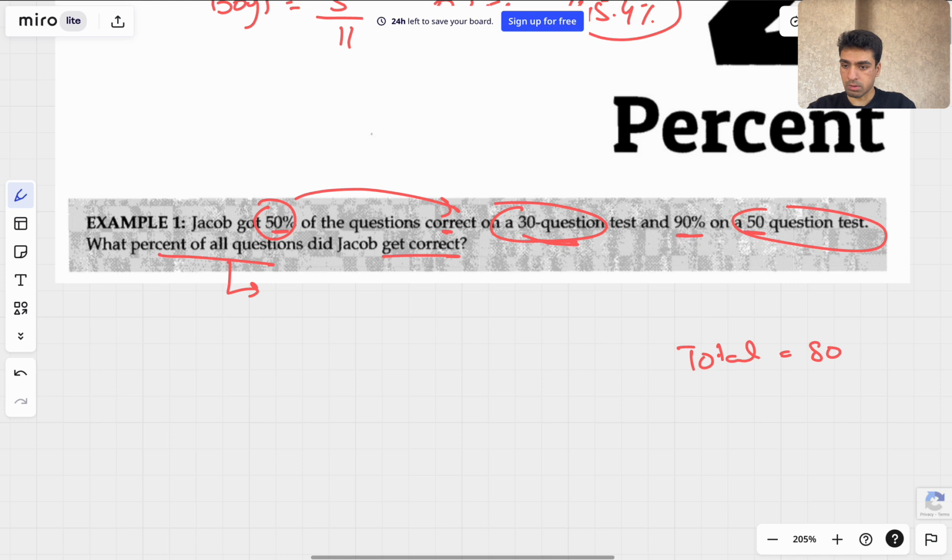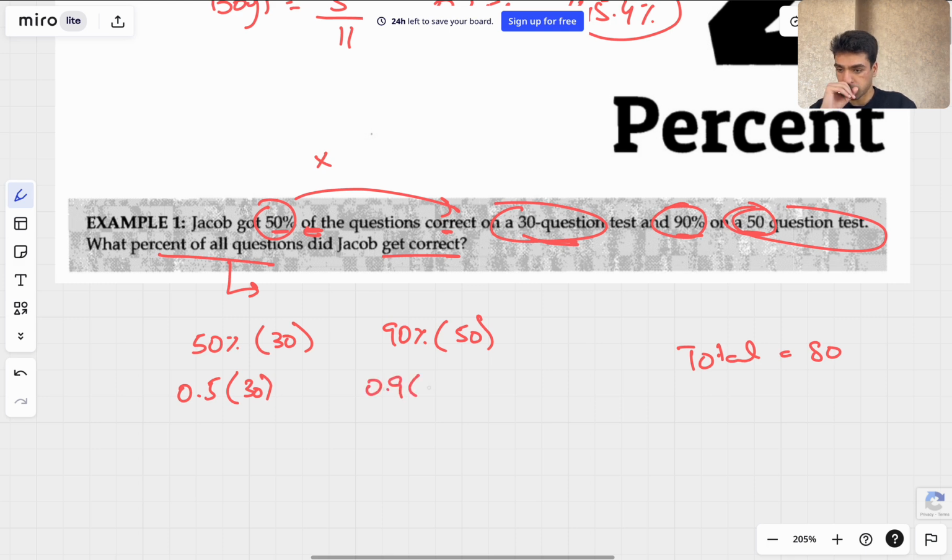So 50% from 30, you can write that as 50% times 30, because of means multiply. And then we also have 90% of 50. So 50% you can write as 0.5 times 30, and 90% you can write as 0.9 times 50.